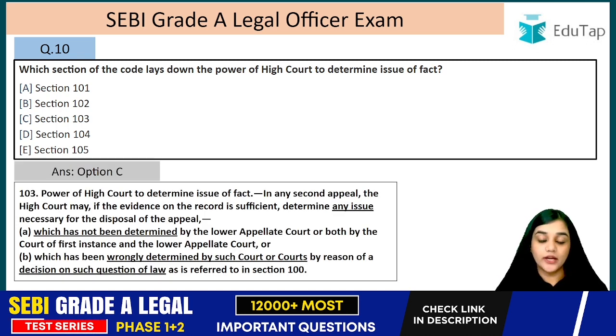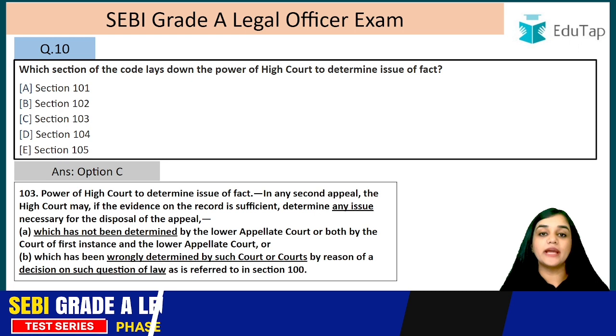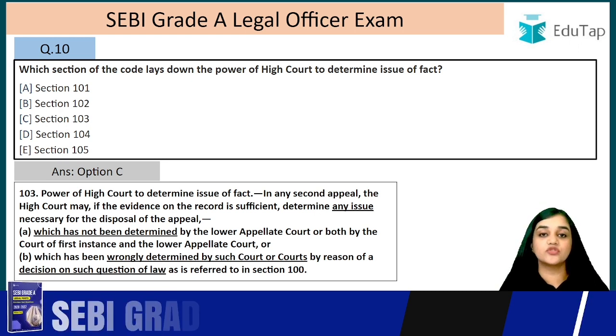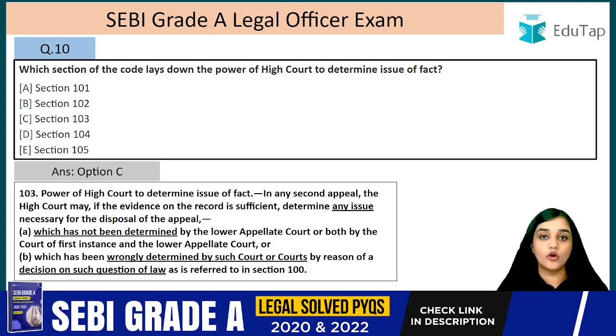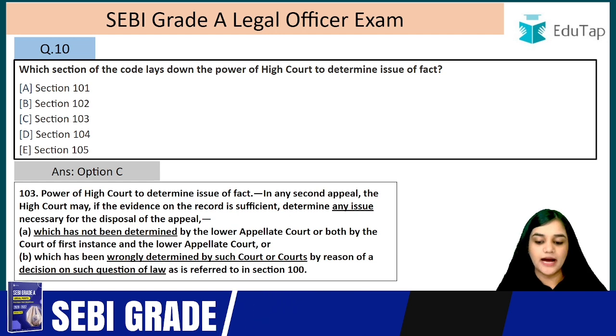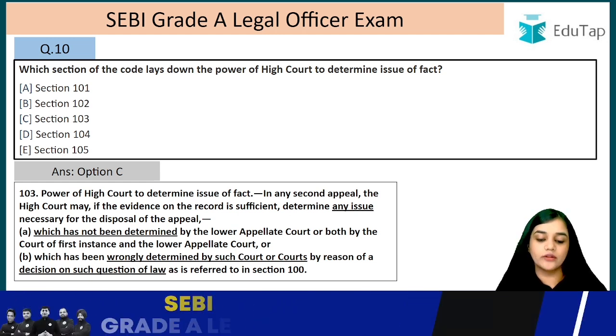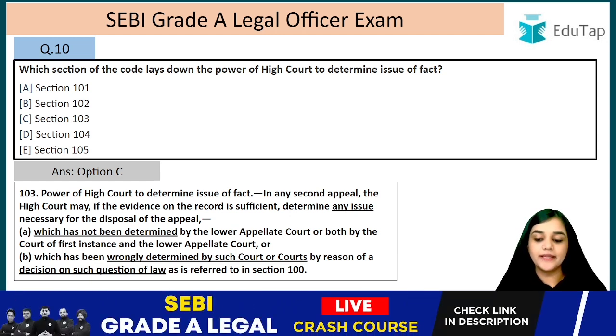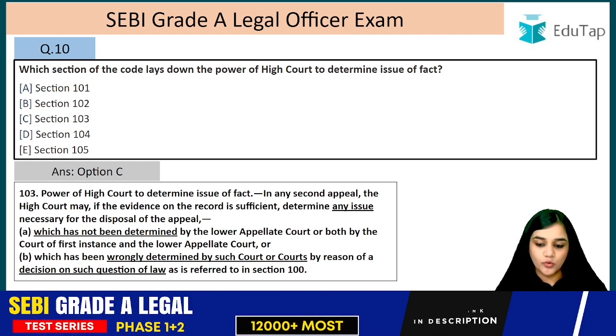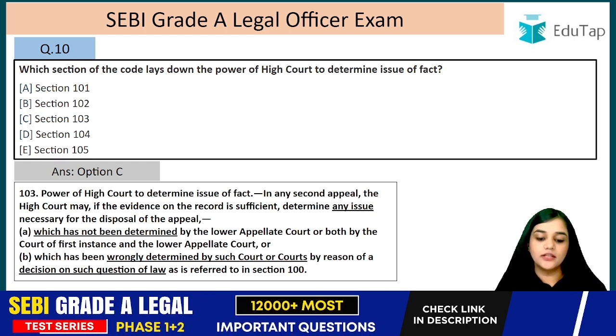So it is section 103 and the title reads as power of the High Court to determine the issue of fact, right? And they also talk about any issue. They have used the term any issue in the section, which means it can be of law also and it can be of fact also, right? So in any second appeal, the High Court may, if the evidence on record is sufficient, determine any issue necessary for the disposal of the appeal, which has not been determined by the lower appellate court or both by the court of first instance and the lower appellate court.